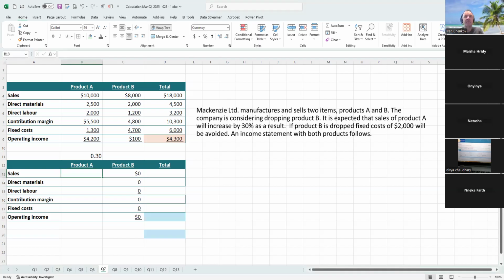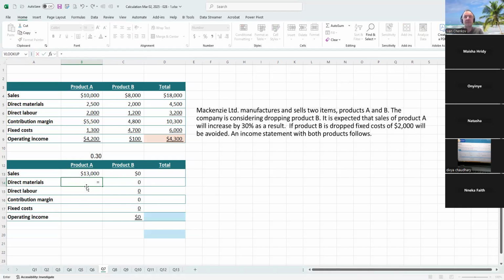Sales are going to go up, right? So sales will be 10,000 times 1.3. If sales go up, how about the cost? Direct material is also going to go up by 30%.